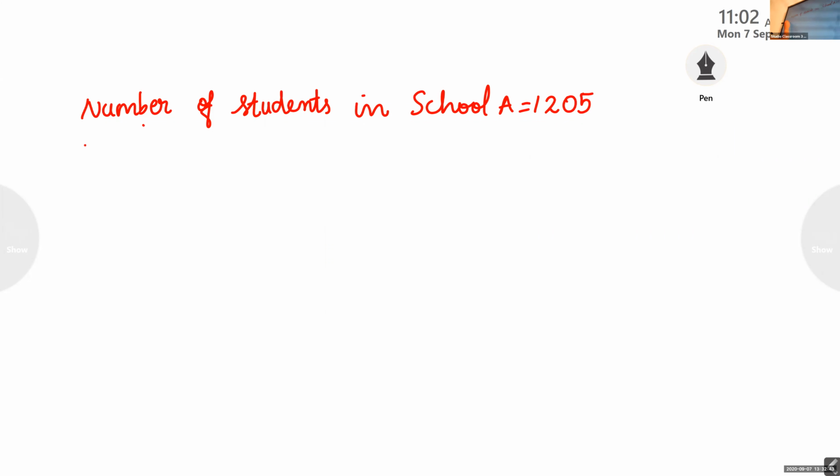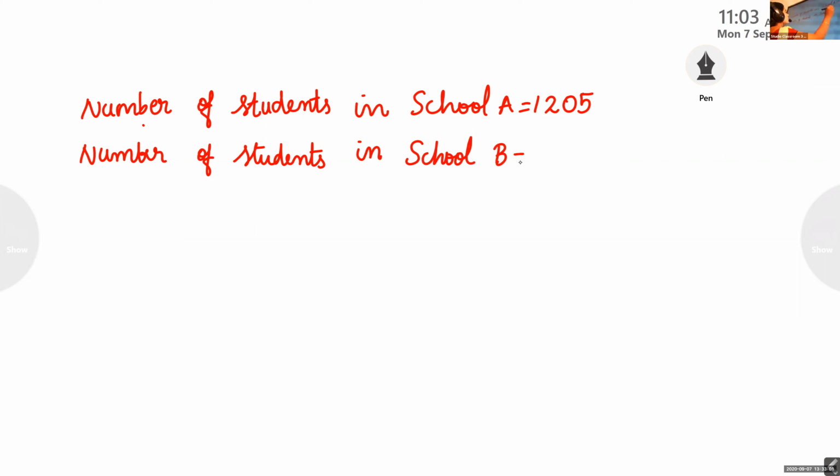Number of students in school B equal to 2211.